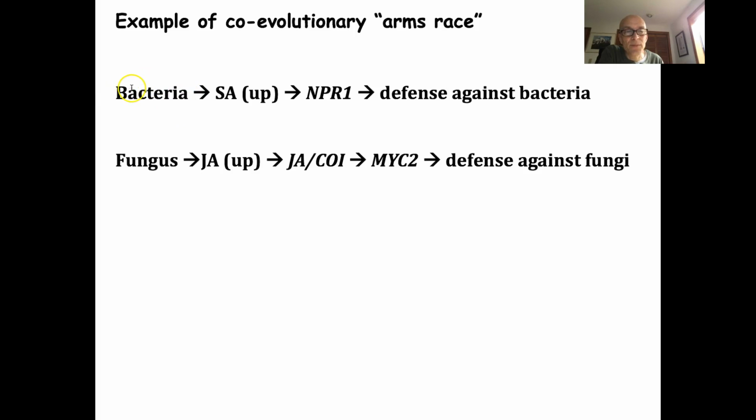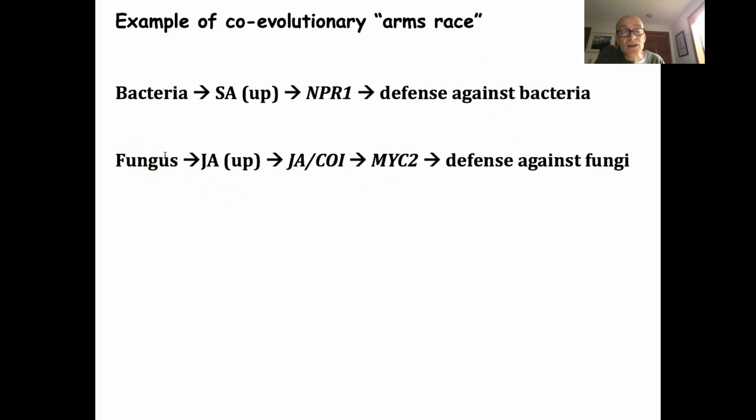In the example of bacteria, you have salicylic acid that is upregulated, and one of the genes that are regulated through salicylic acid is called NPR1. And NPR1 specifically helps the plant to defend against bacteria. So it has a bunch of downstream responses, other genes that are then turning on all these pathways that I generally talked to you about before.